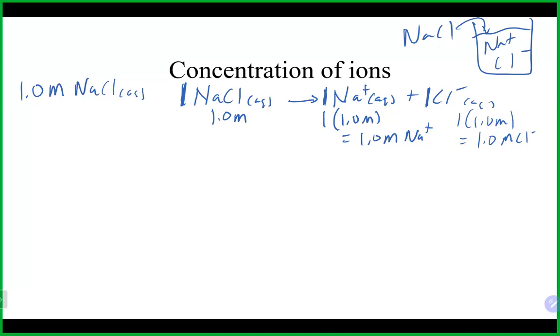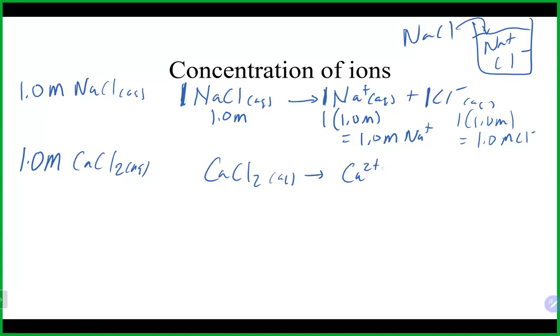Now that does change. For example, if I took 1 molar calcium chloride, when it breaks apart in solution, the calcium chloride breaks apart into a calcium ion and 2 chloride ions.